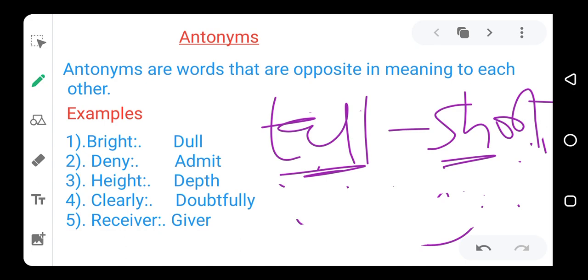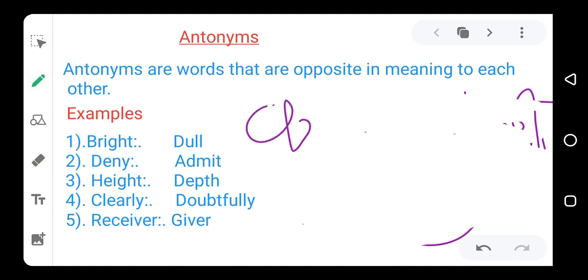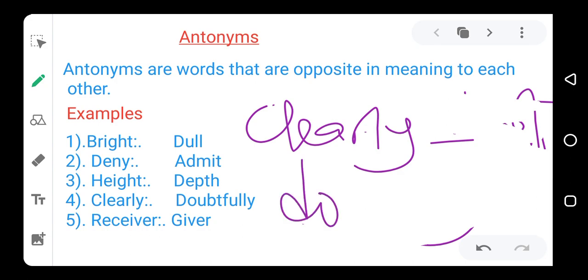Then for adverbs, if someone says clearly, if something is not done clearly, then that means that thing is done doubtfully.